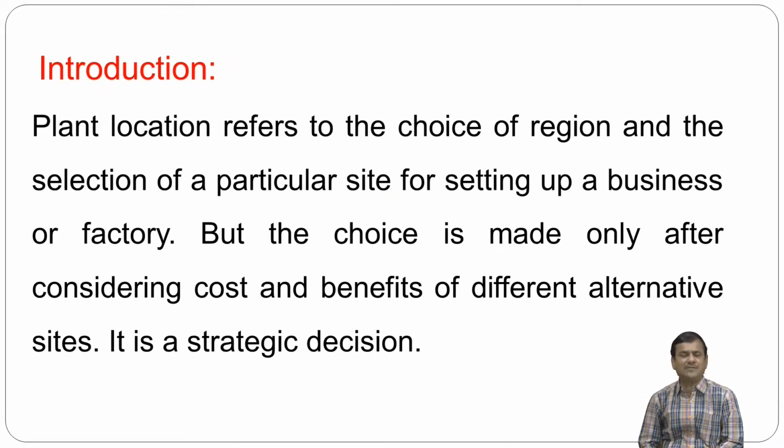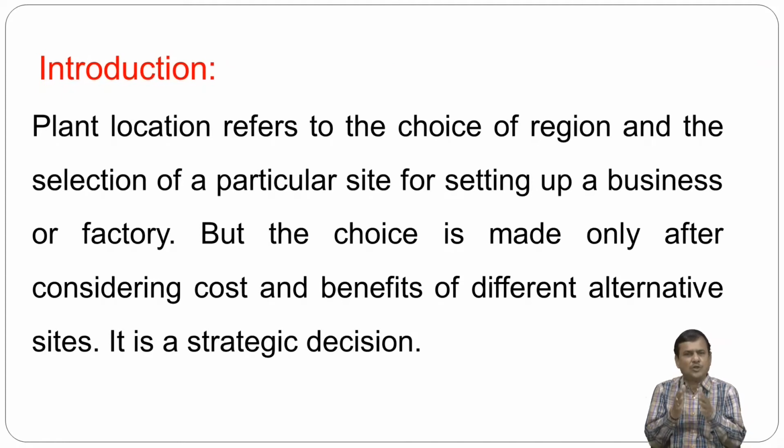So, that is why we have said that plant location refers to the choice of region, area, and the selection of a particular site. Which region? I am interested in starting in North Gujarat or South Gujarat, or in Central Gujarat or in the Saurashtra region.